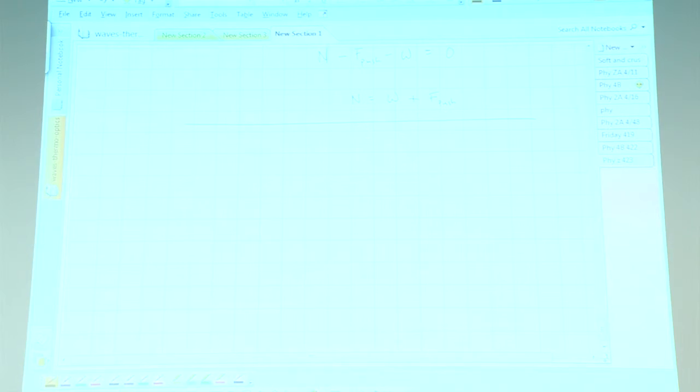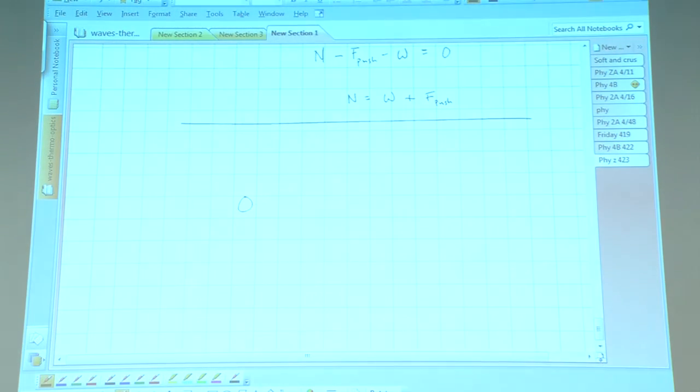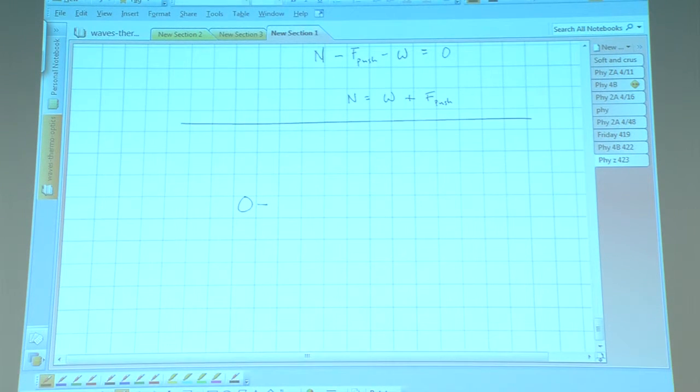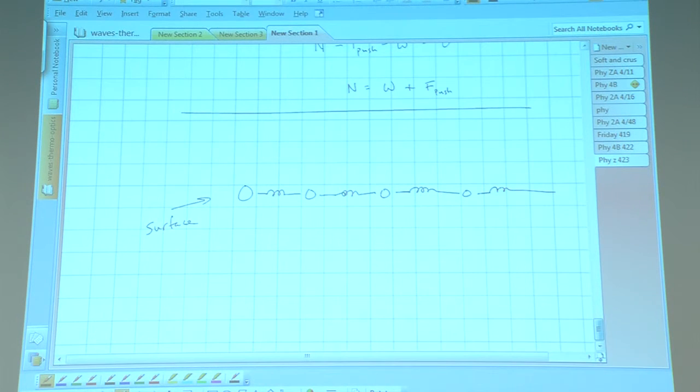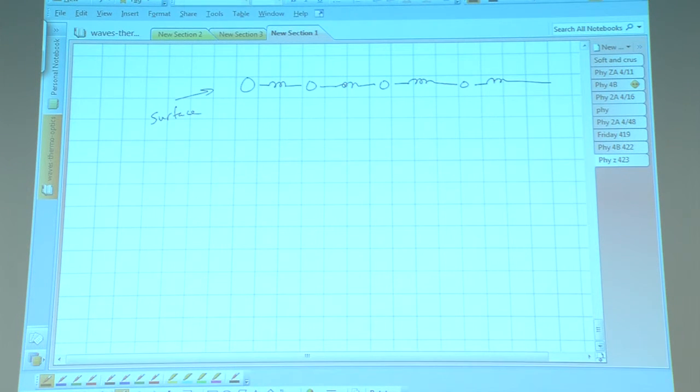Okay? And what we have is these molecules that are bonded with almost like springs. That's our surface. And so you set an item on top of that surface, like a book.